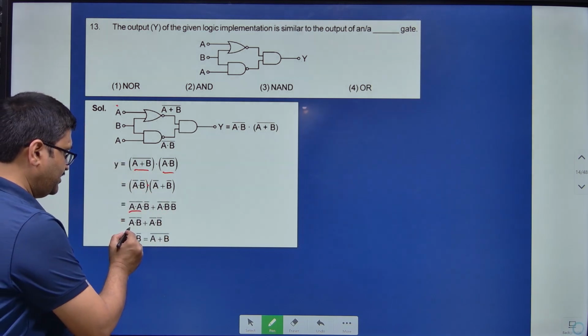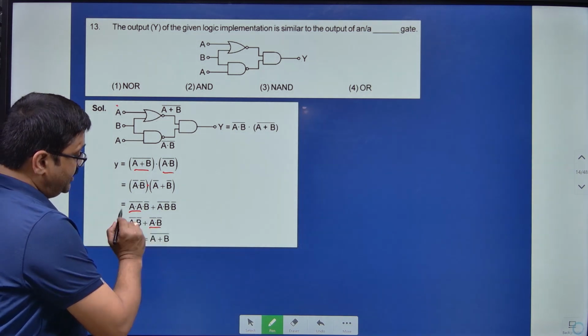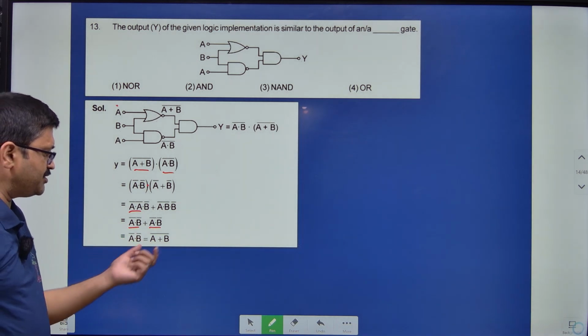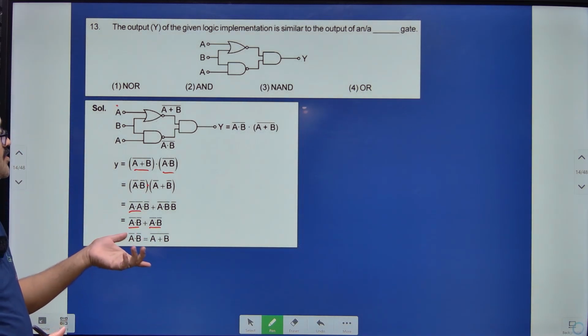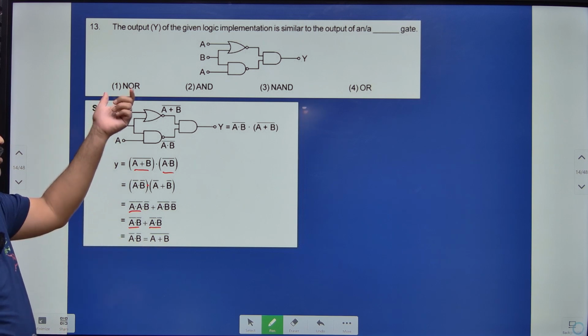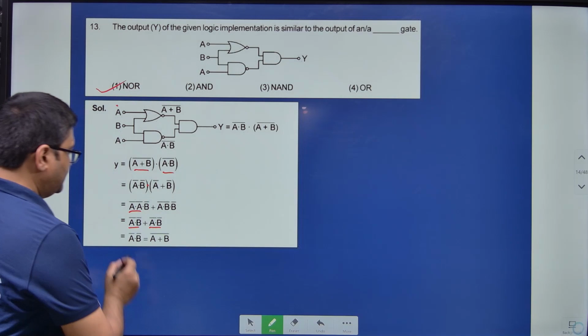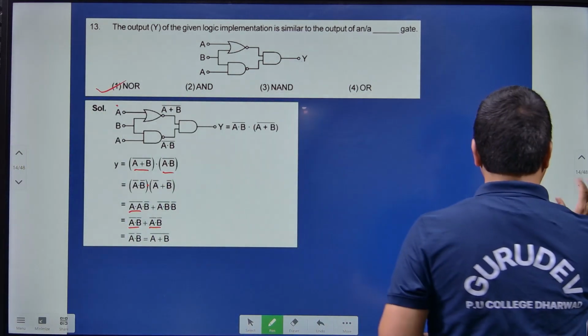So clearly we will get A prime dot B prime, which is A plus B whole prime, which is as good as saying which gate? NOR gate, correct. So very easily A prime dot B prime is A plus B whole prime.